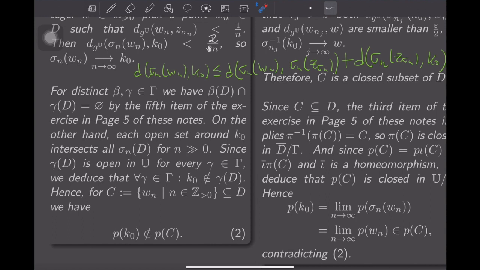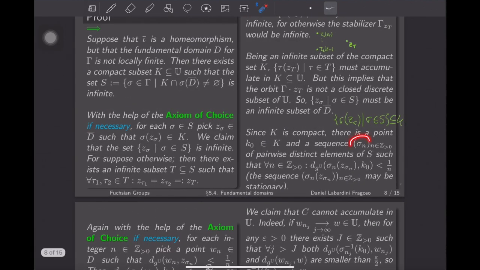Now, second, I claim that for every gamma, k naught does not belong to this image. If it were not true, it would belong to one of them, which would be open because D is open and gamma is a homeomorphism. So this would be an open set containing k naught. And being an open set containing k naught, it eventually intersects all of these, and all of these are different.